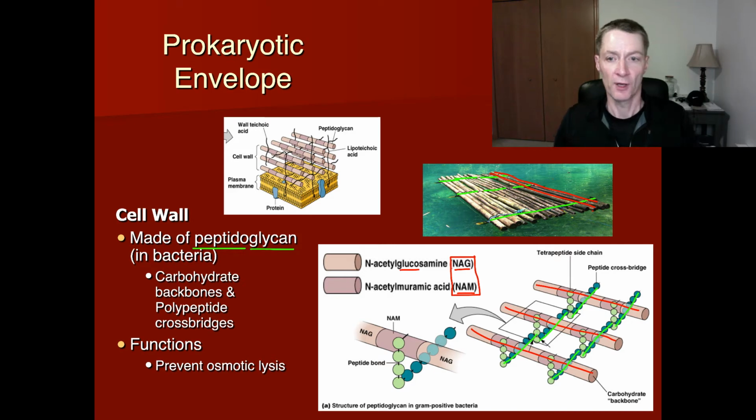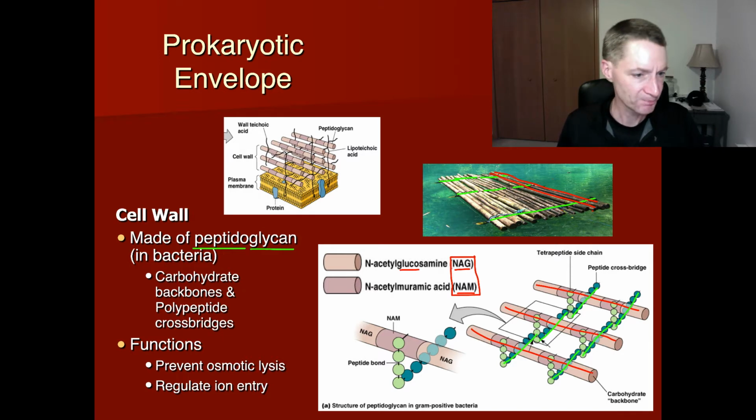So if a prokaryotic cell is sitting in water, well, water is pure on the outside. There's a concentrated mix of things in the water on the inside of the cell. So where water is more pure, it will move from high to low, right? So we're going to have water going into that cell, but it will not pop the cell like it would an animalian cell, right? Also, this regulates the movement of ions, you know, minerals and electrolytes in and out of the cell. So it plays a role in what gets in and out, okay?